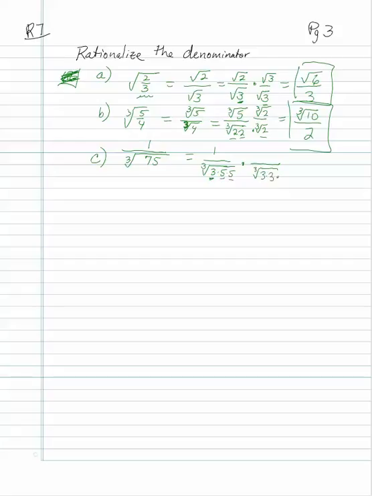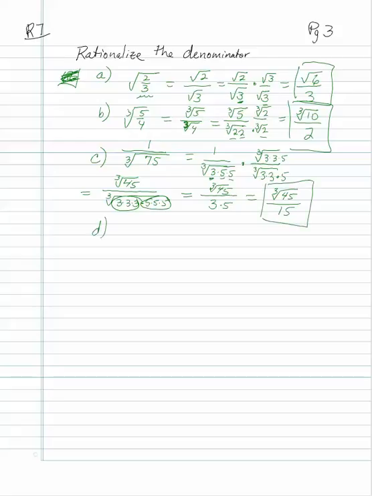I have 2 5s, so I only need 1 more 5. And so now what we get on the bottom is cube root of 3 3s and 3 5s. So the 3 3s make a 3, the 3 5s make a 5 on the outside. So 9, 45. And of course I wouldn't show all this work, I'm just trying to give you a little feel of how I do things.